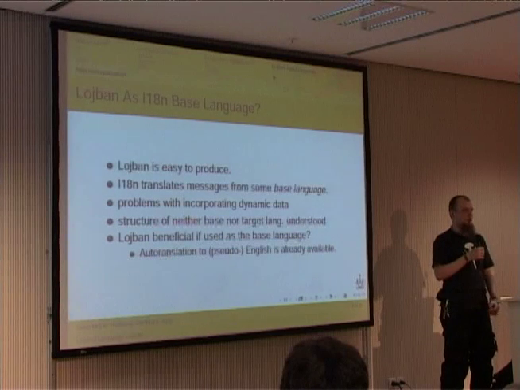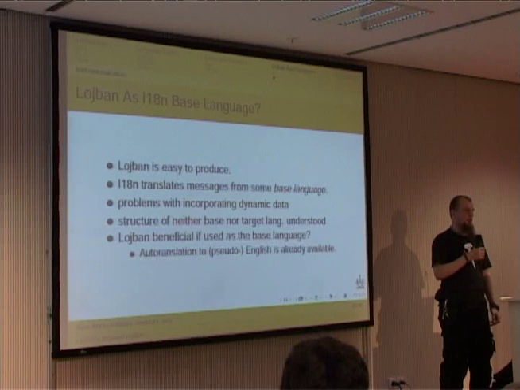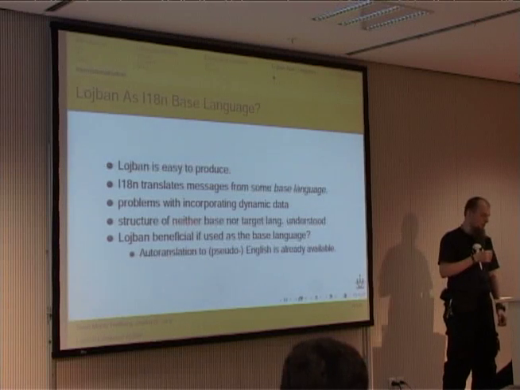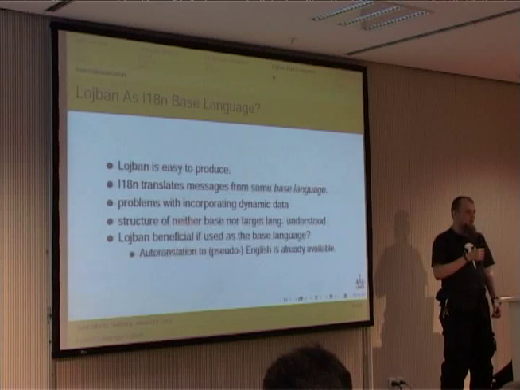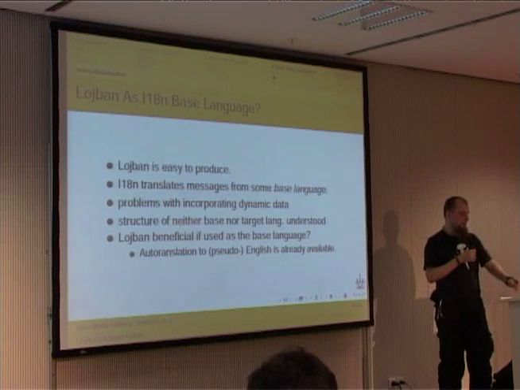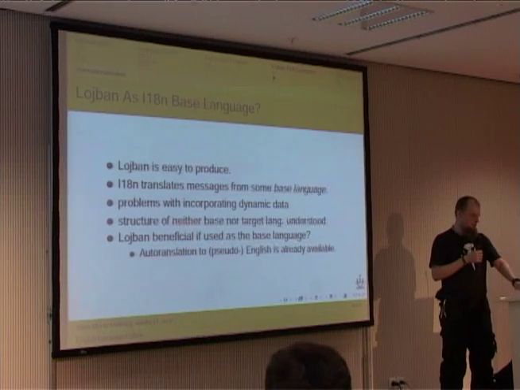For example, in German it's much harder than in English to produce a correct plural form of something. And you have to invent complicated structures to do this, and then you also have to recognize the structure in the base language. So maybe Lojban might be beneficial.